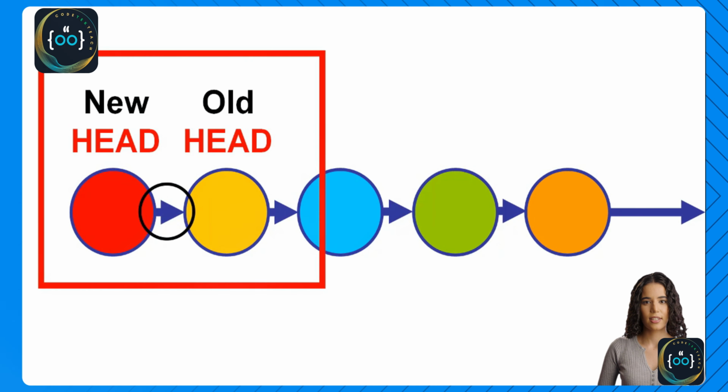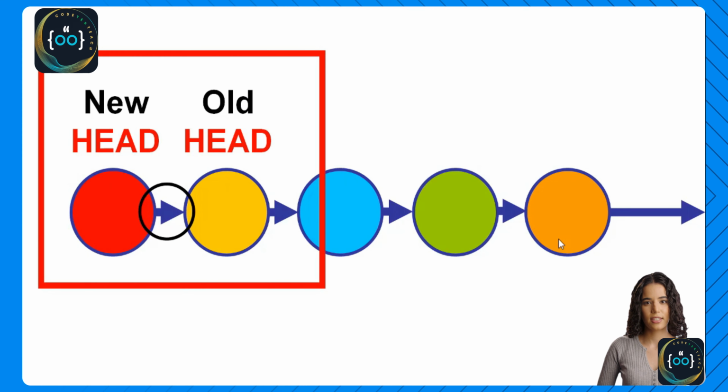The key thing right here is that we need to create the connection between the new head node and the old head node, so we can guarantee that we can continue having access to the linked list. That is what inserting the node at the beginning of the list is all about. We have to create a connection between the red node and the yellow node, so we can continue accessing the nodes sequentially.